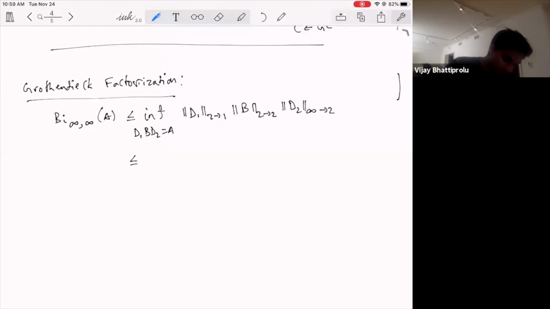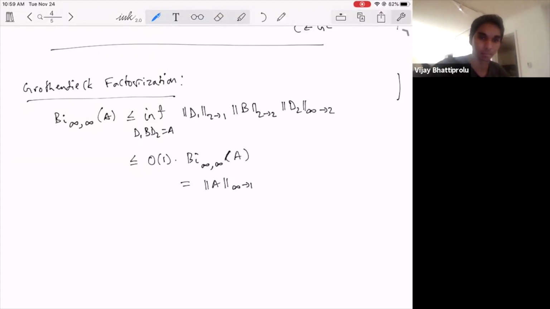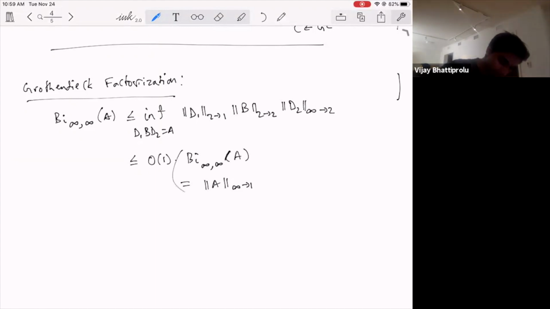And this is less than or equal to some absolute constant times the bilinear maximum infinity of A, which, as a reminder, is equal to the infinity to 1 operator norm of A. These two things are equal. Sorry, I forgot to mention D1 and D2 are diagonal.